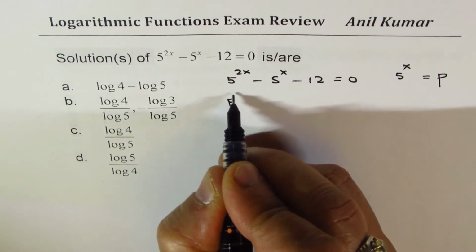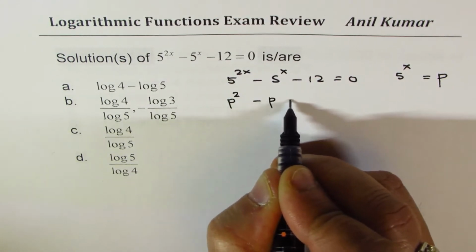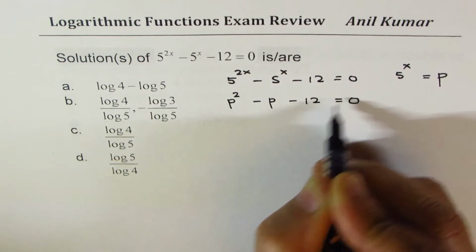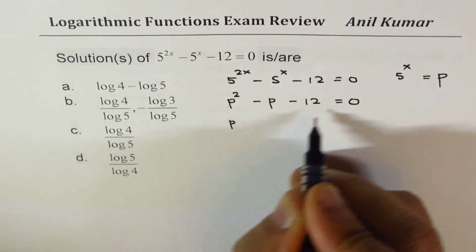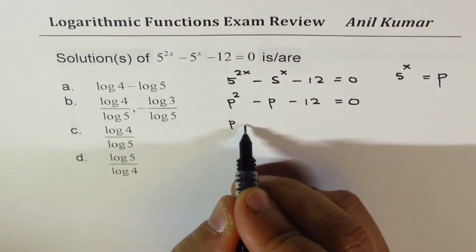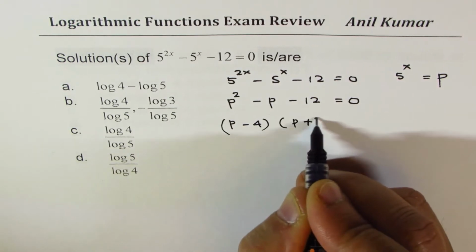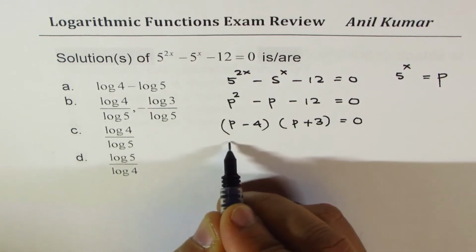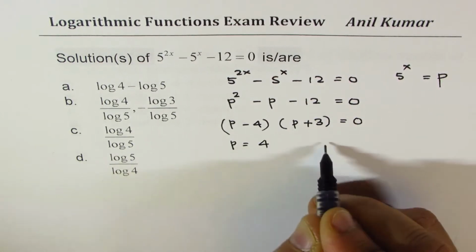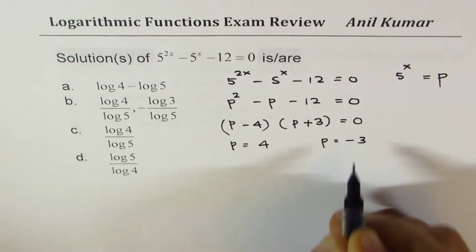Then we get a quadratic equation, p squared minus p minus 12 equals 0. Now that could be factored: p minus 4 times p plus 3 equals 0. So p is equal to 4 or p is equal to minus 3.